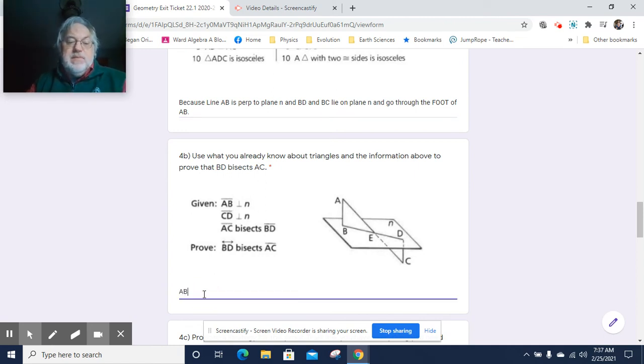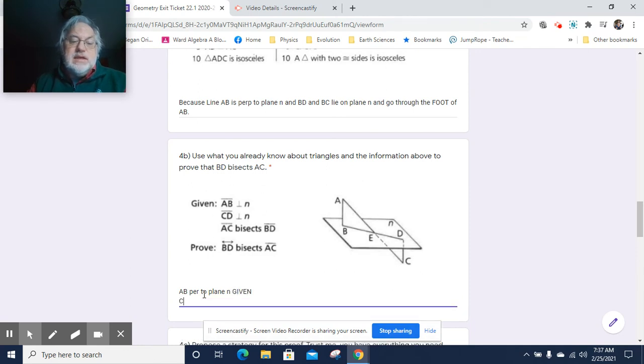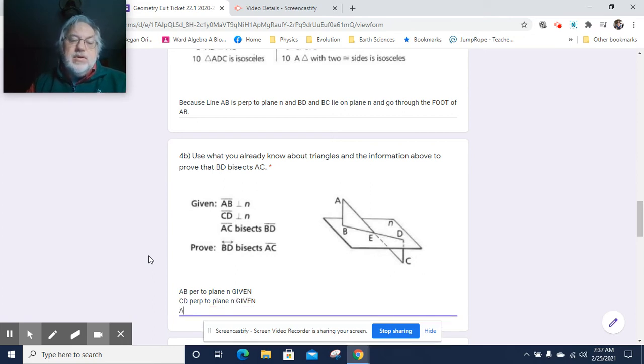We have AB is perpendicular to plane N, and that's a given. We know that CD is perpendicular to plane N, and that's also a given. And we know AC bisects BD, and that's also a given.